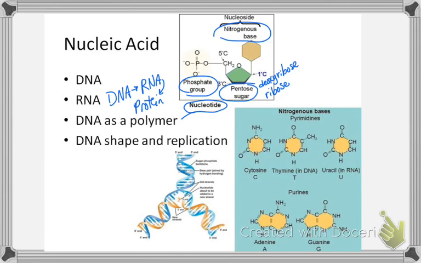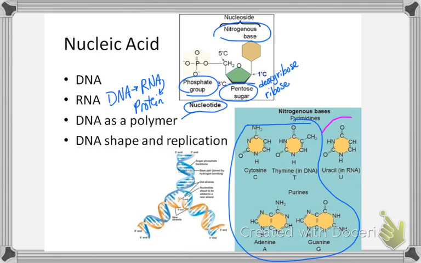The sugars and phosphates make up the backbone of DNA, and the nitrogenous bases form the little rungs. When you talk about the bases, there are 4 types. If we talk about DNA, we have adenine, guanine, cytosine, and thymine.